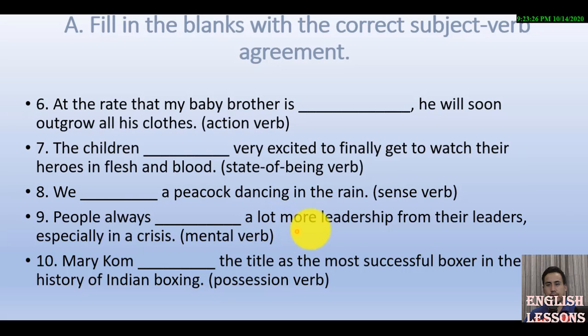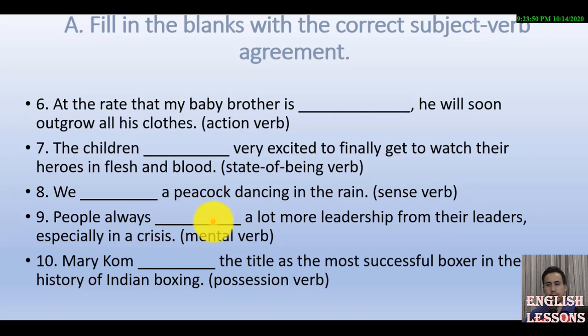9. People always dash a lot more leadership from their leaders, especially in a crisis. Mental verb. People, remember, people is plural. This is not singular. So here it will be people always expect. Expect will be the verb.